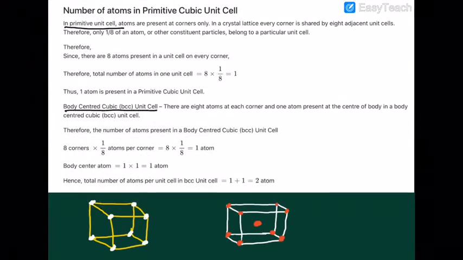Now in case of a primitive unit cell, atoms are present only at corners and each contribution is only 1 by 8. Look at this, this is simple primitive.